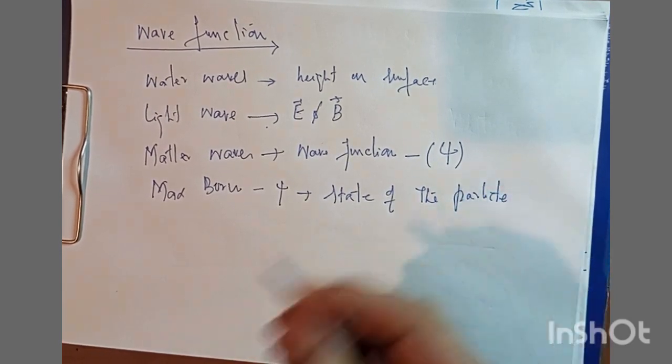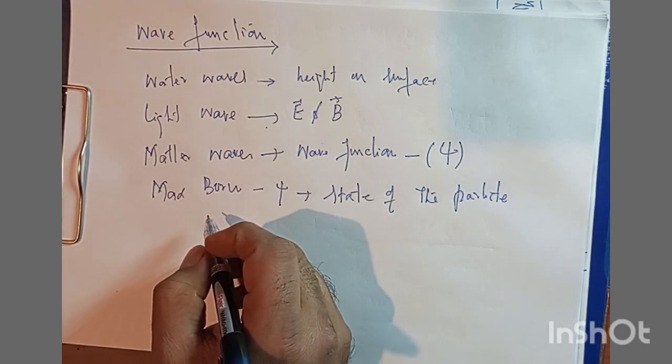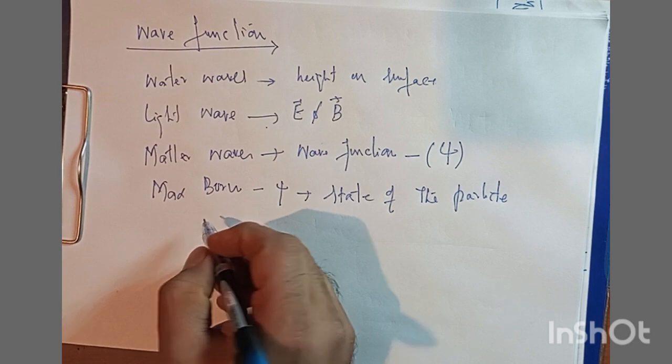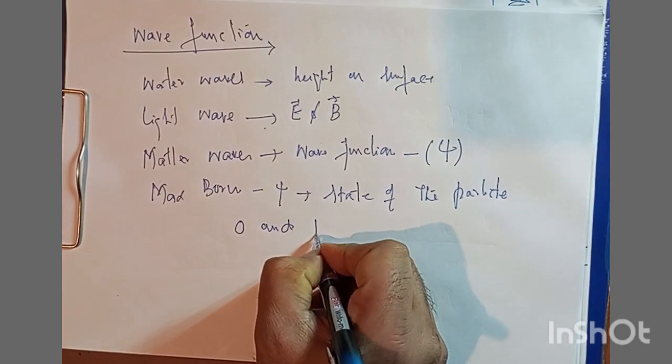However, this psi does not have a direct physical significance. And for this, there is a simple reason why psi cannot be interpreted in terms of an experiment. The probability that something be in a certain place at a given time must lie between, say, 0 and 1, right?